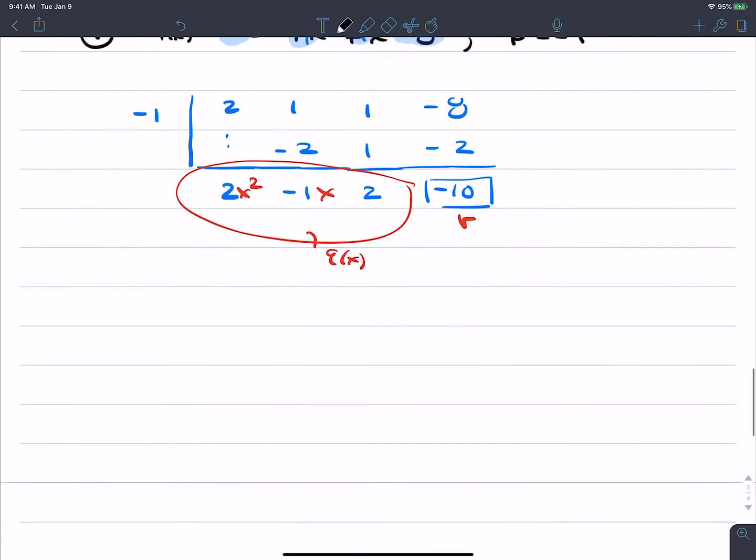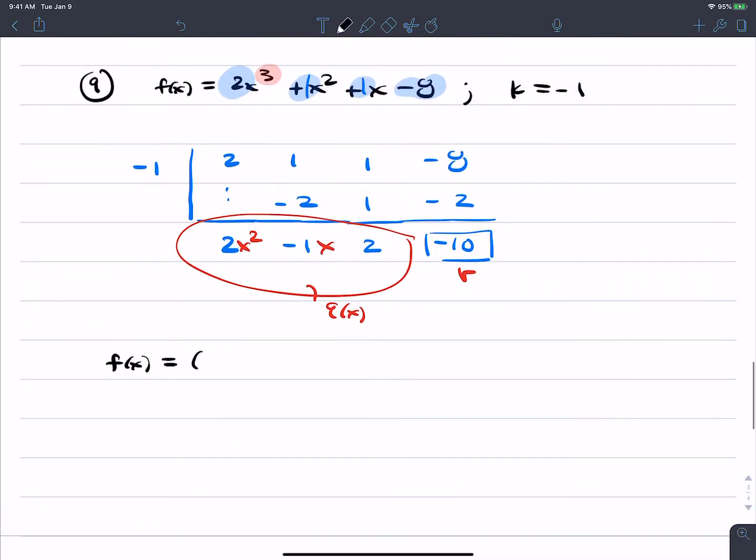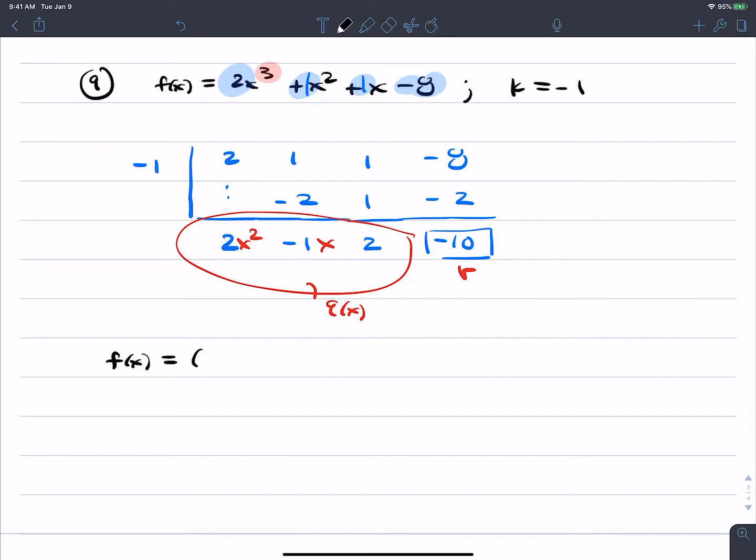So let's write it this way. That original function, f, that polynomial, will be, don't forget we have to use this information here, we really divided by x minus k times this q of x plus our remainder.